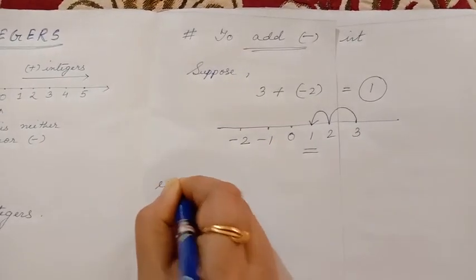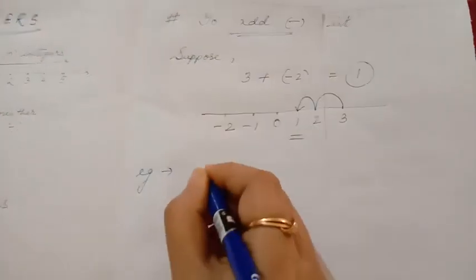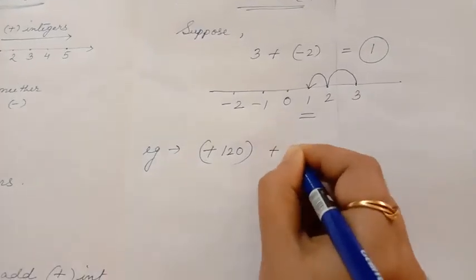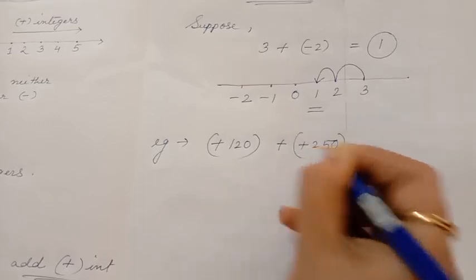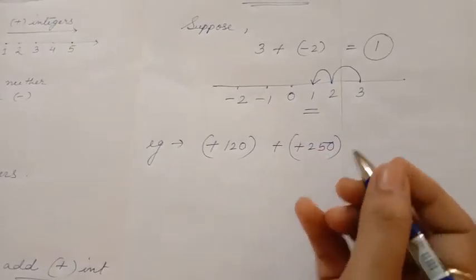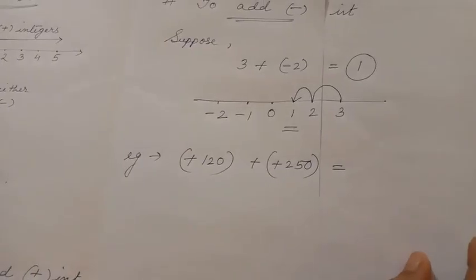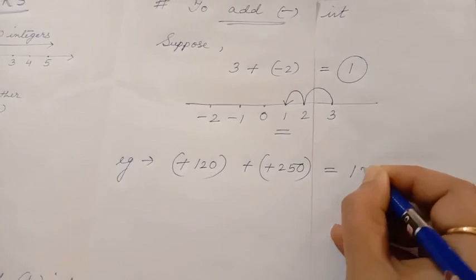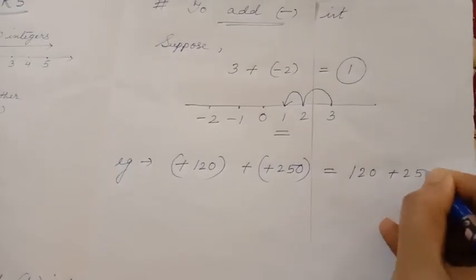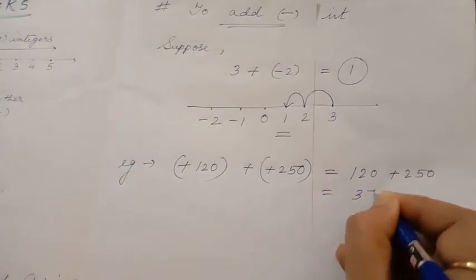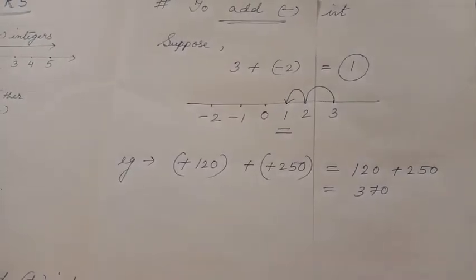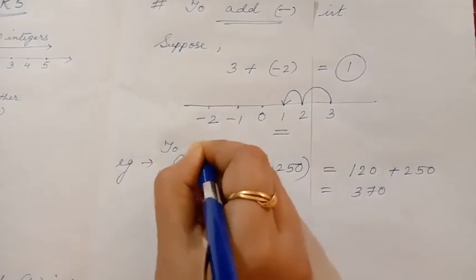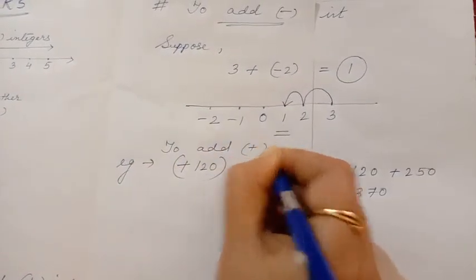For example, 120 plus 250. These both are positive integers, both will be treated as natural numbers. So 120 plus 250 will be 370. This is for adding positive integers.